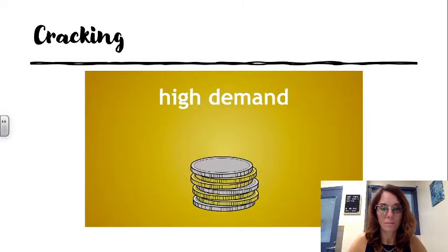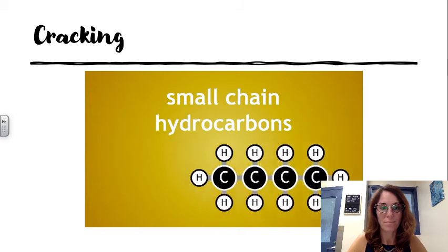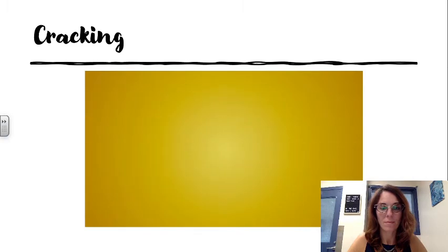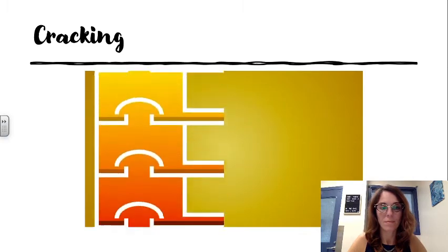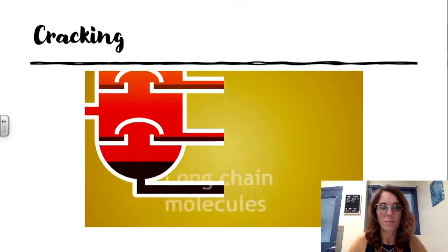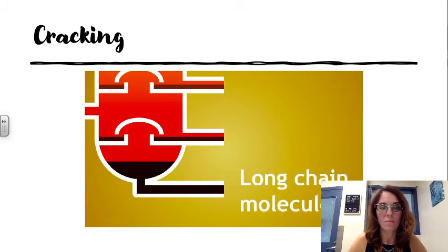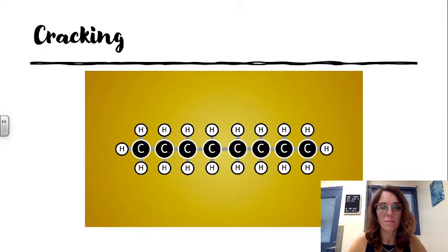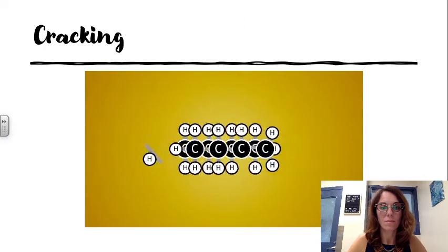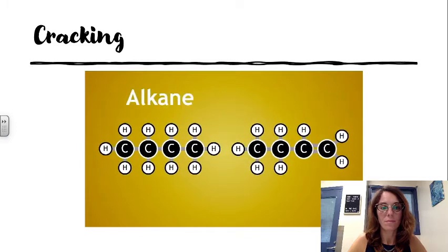This means there is a very high demand for small chain hydrocarbons. However, after fractional distillation, we find that we have a large supply of long chain molecules. The process of cracking breaks down long chain alkanes into a smaller alkane and alkene molecule.